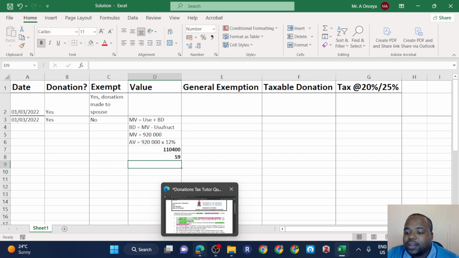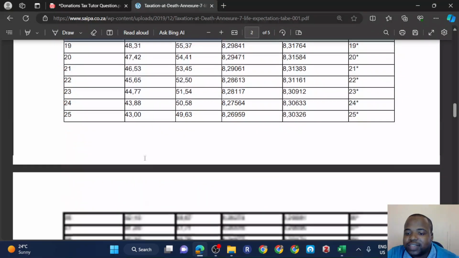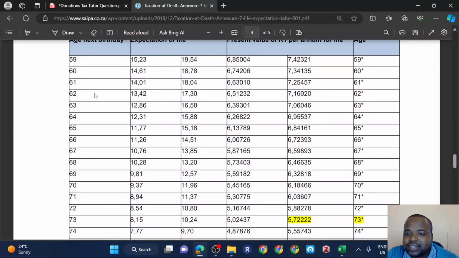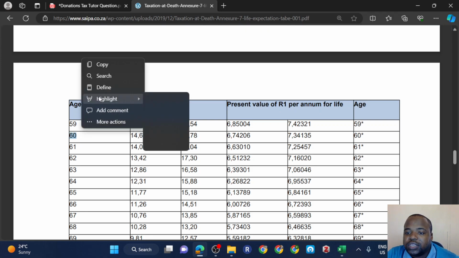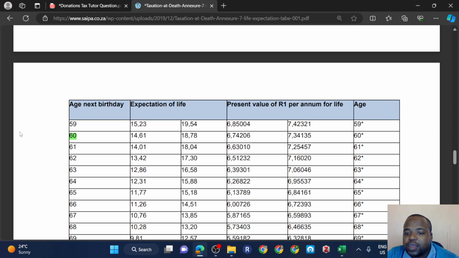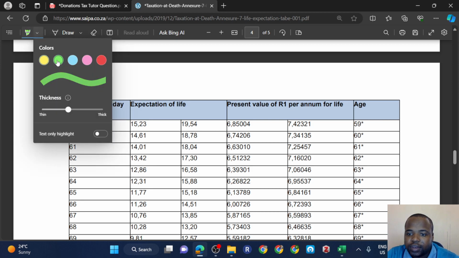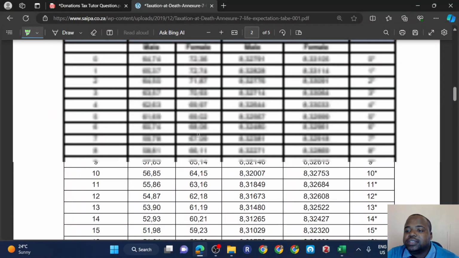So we come here now and we look for the PV factor associated with someone who will be turning 60, because remember she is 59, but we use the next birthday, which is 60. According to this, we'll be using 60. She is expected to live for 18.78 more years, because remember, she is a female.